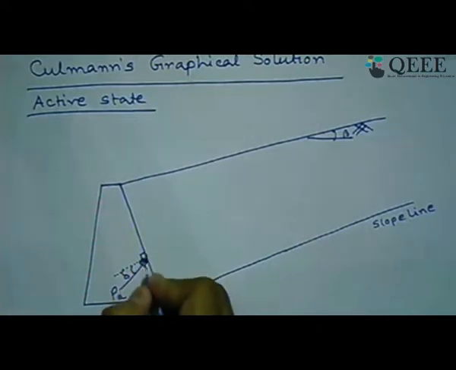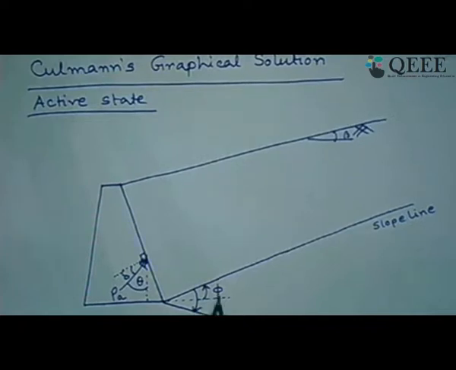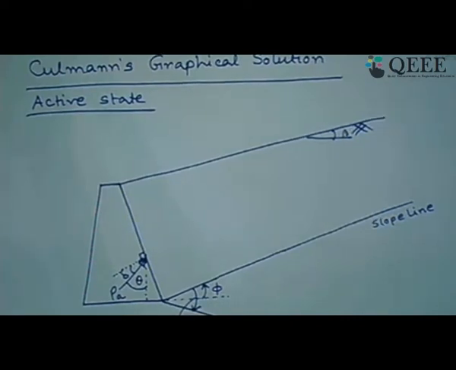Now with respect to vertical, if we say this angle is given by theta, then this angle of theta we should draw from this slope line towards this direction. So from this horizontal line, first we have drawn at an angle of phi the slope line. Then from that slope line we are coming back in this direction at an angle of theta, and this line is known as the earth pressure line.